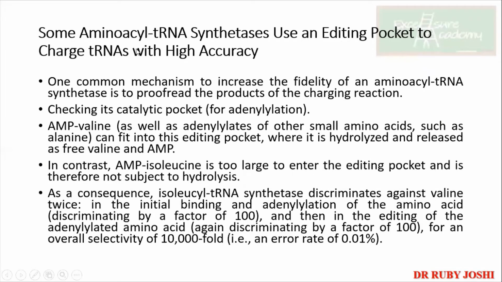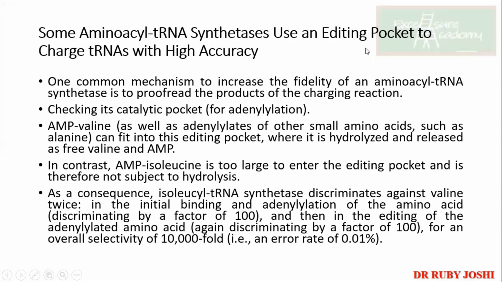Now, some aminoacyl tRNA synthetases use an editing pocket to charge tRNA with high accuracy. So already we have discussed the mechanisms by which the aminoacyl tRNA synthetases make sure that the correct amino acid has been charged. First it is checking its catalytic pocket, where your adenylation is happening.